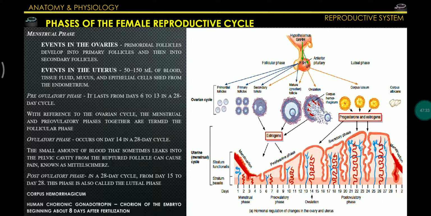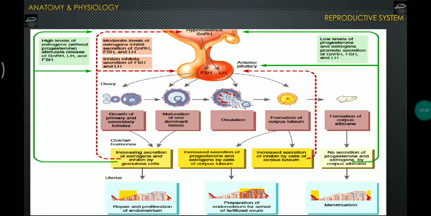If fertilization does not occur, then the corpus luteum becomes the corpus albicans, a white colored scar-like structure in the ovary, which stops the production of progesterone. When progesterone levels drop, the endometrium is shed, and this is called the menstrual phase. So it enters into the menstrual phase again.